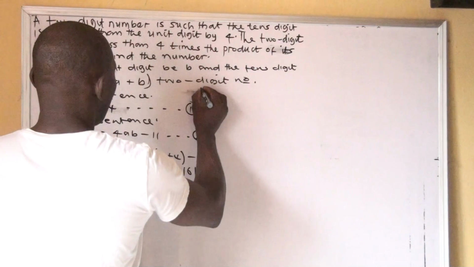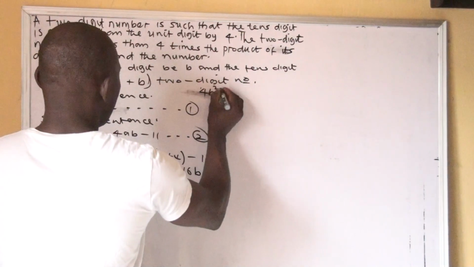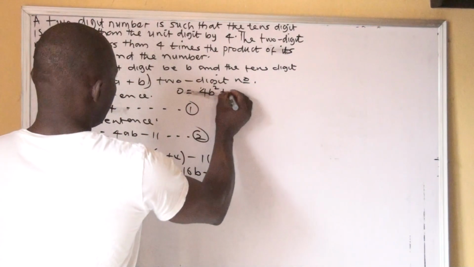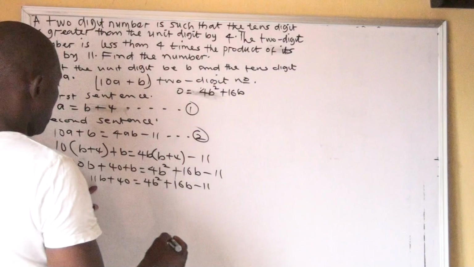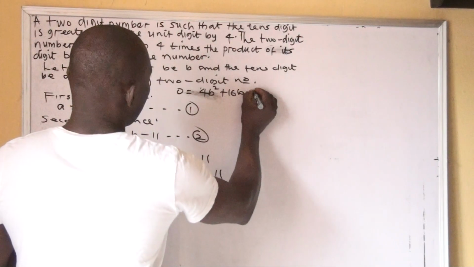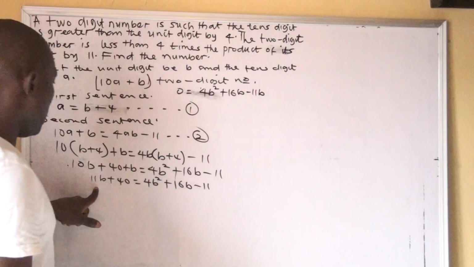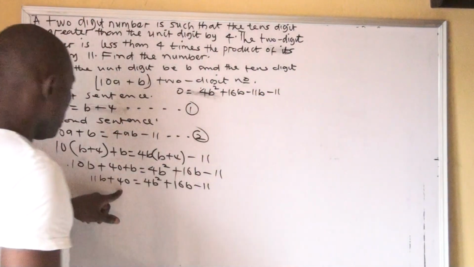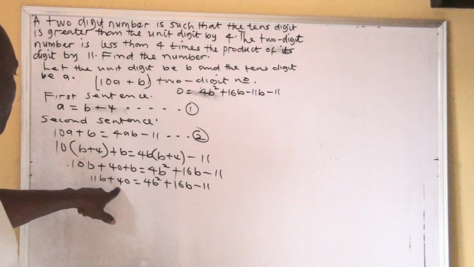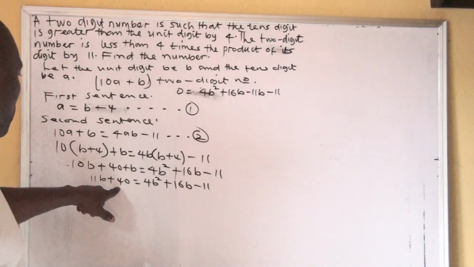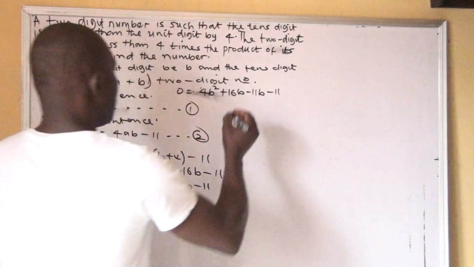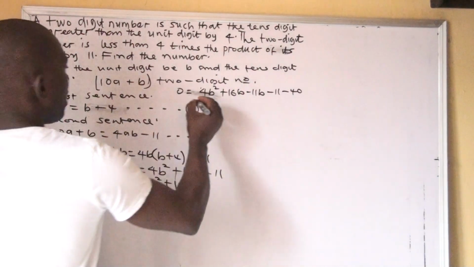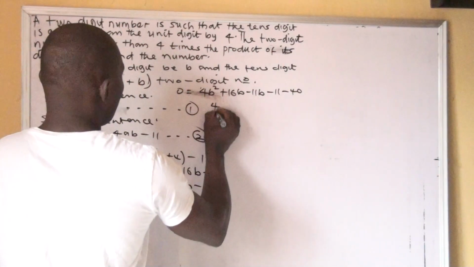It's going to be 4B squared, plus 16B, minus 11B, and minus 11. Plus 40 as it crosses to this side becomes minus, so minus 40. Everything here becomes 4B squared.